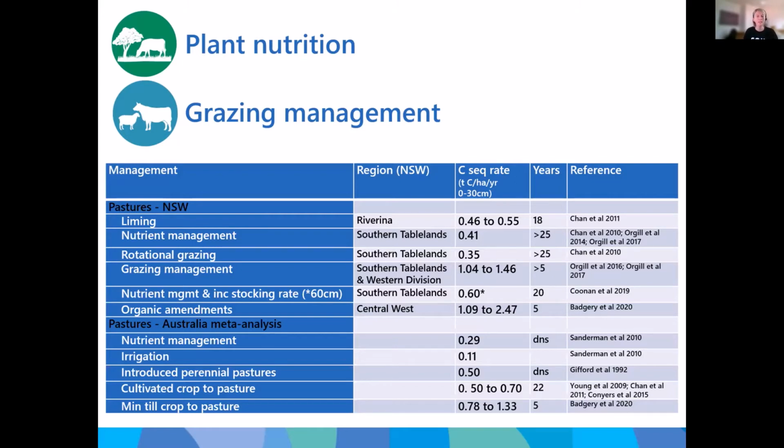Some of the work that Jason mentioned before, the master trial, they maintained over 18 years, there was a bit of bounce around with seasonal fluctuation, but about 0.5 tonne per hectare per year for 18 years, which is a great example to show the role of good pasture management, pasture species selection, and managing liming to increase soil organic carbon.